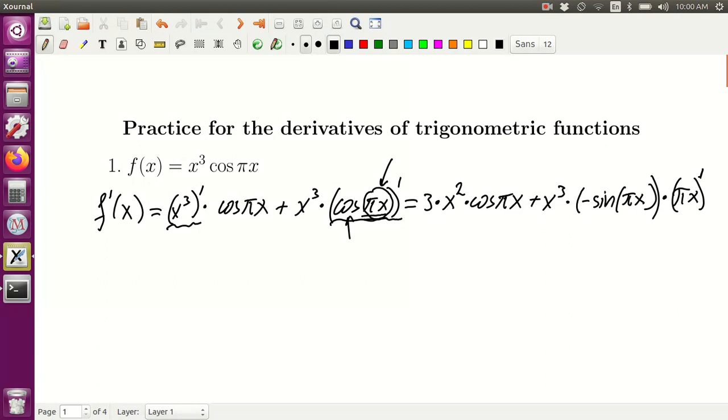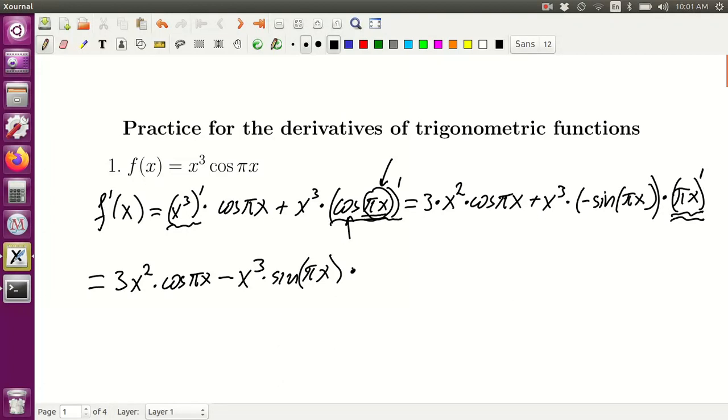We're going through the expression, trying to see where we still have primes. There is no prime except in this pi x expression. So finally we calculate this derivative to get 3x squared times cosine of pi x plus, this plus becomes a minus because we have a minus in front of sine, so we put a minus over here, and we have x cubed times sine of pi x times the derivative of pi x.